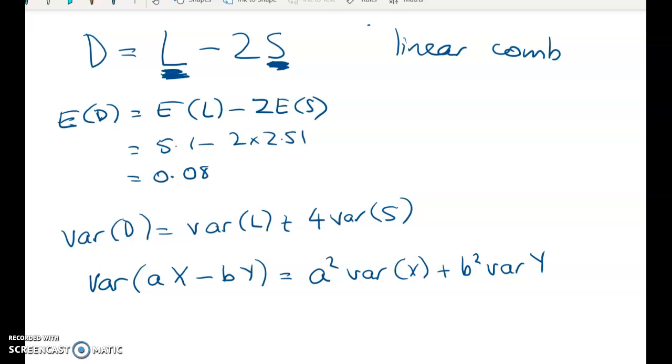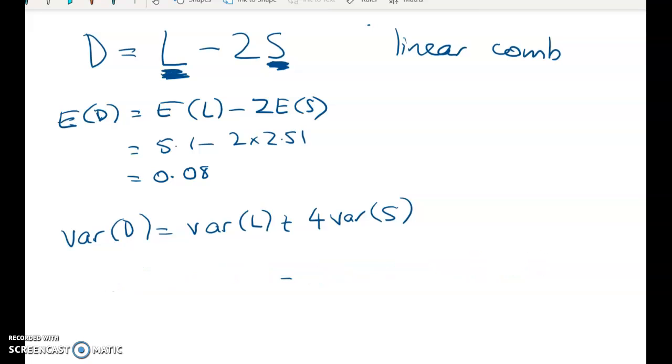Okay, this is a classic linear combination question. So working that through gives me 0.0102 plus 4 times 0.0036, giving me a total variance for the difference of 0.0246.